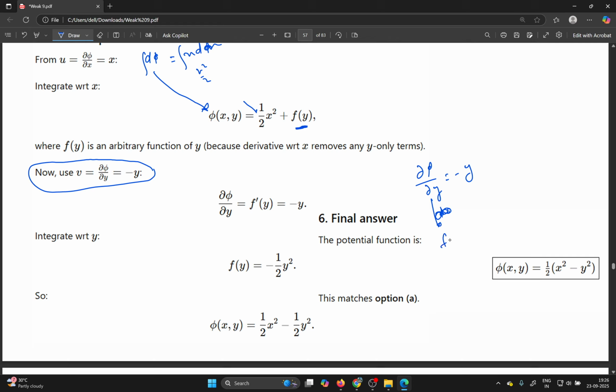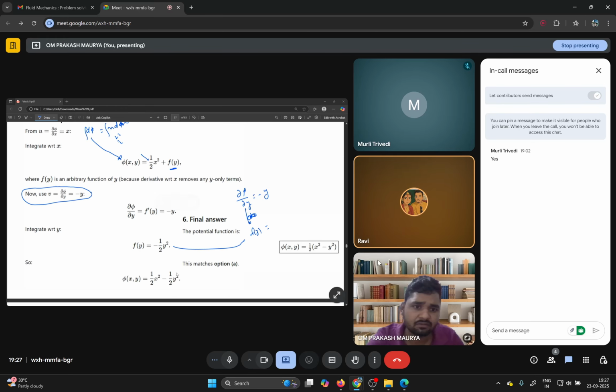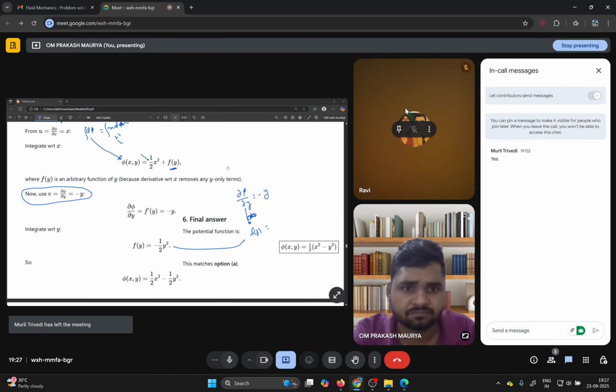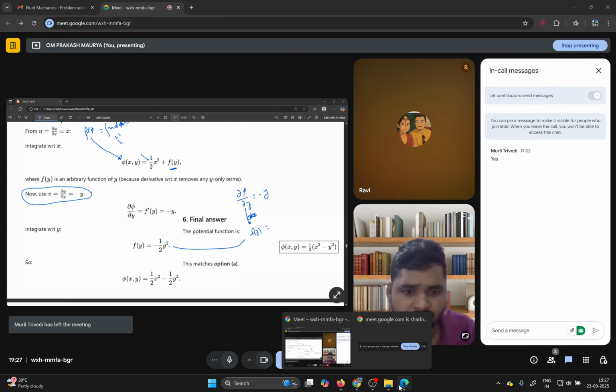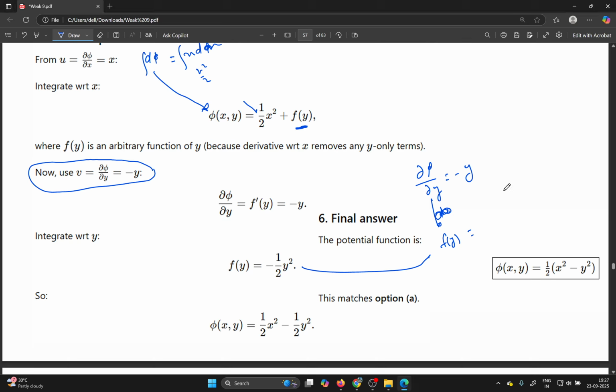You will get f of y is equal to nothing but y square by 2, with the minus sign, the similar thing.